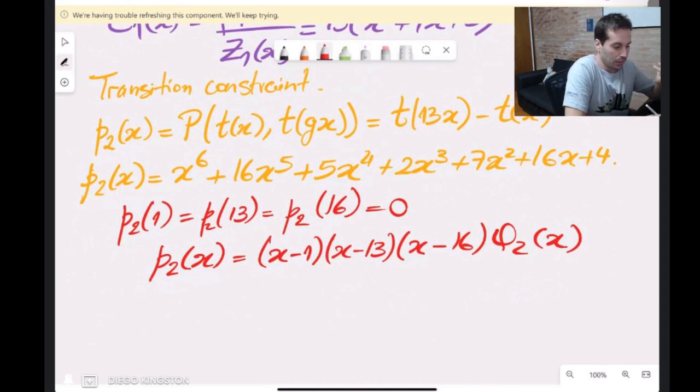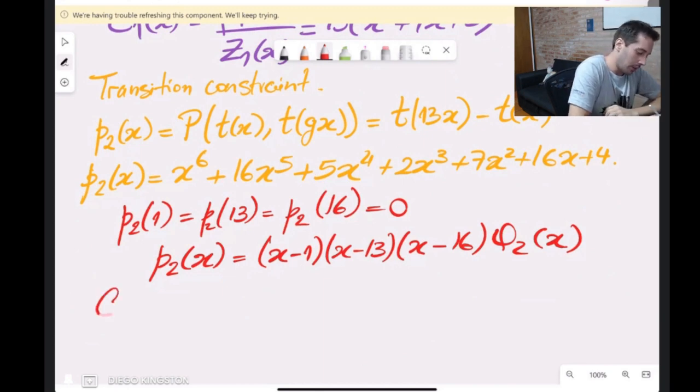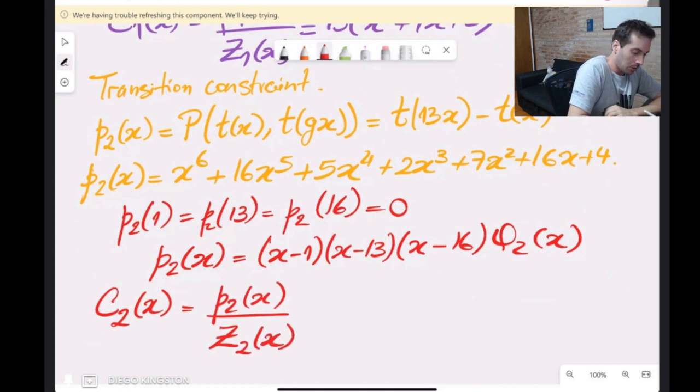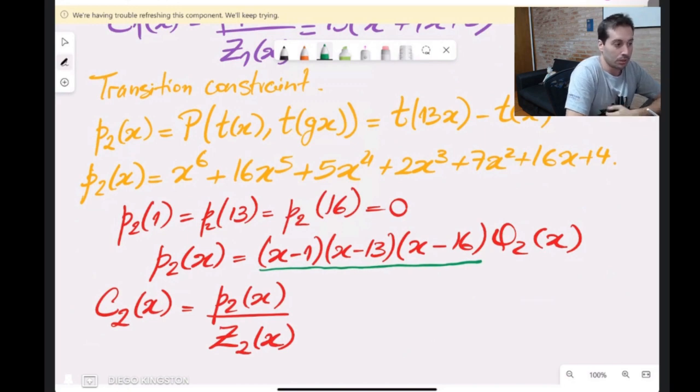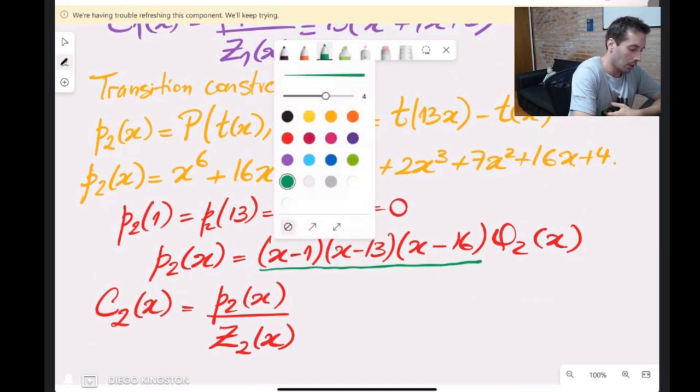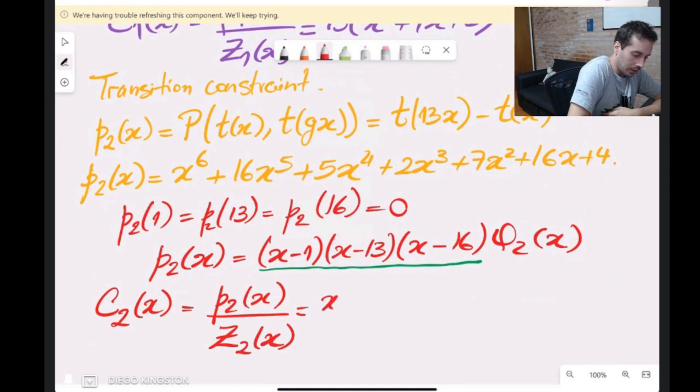We are going to divide the polynomial by the vanishing polynomial where the constraints hold and obtain another polynomial. So this is P2 of x divided by Z2 of x, which is the product of these three terms. So it vanishes at 1, 13, and 16, which is where the constraint holds. And so if we do the calculation, we get the following polynomial: x cubed plus 12x squared plus 9x plus 16.